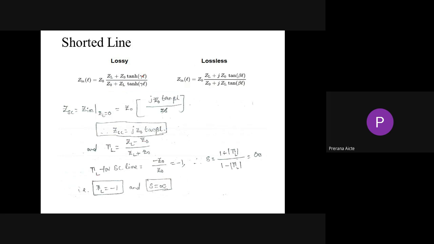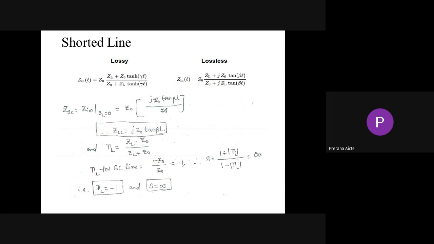There is no attenuation because it is lossless. So we consider only the tan beta L component, that is the imaginary component.